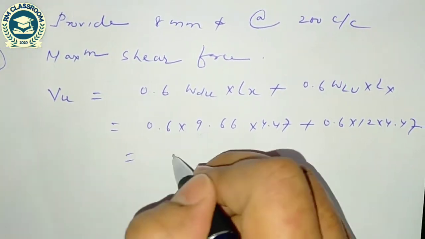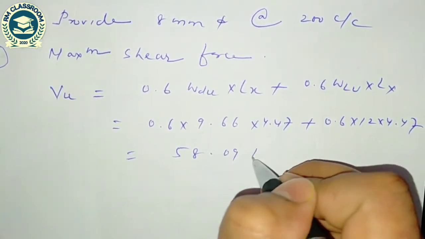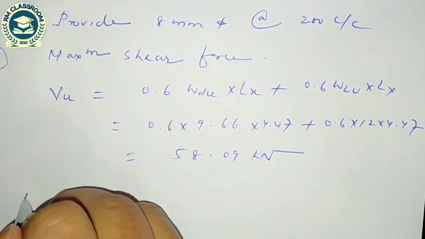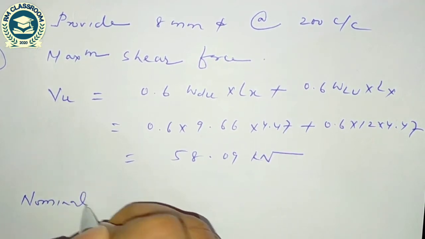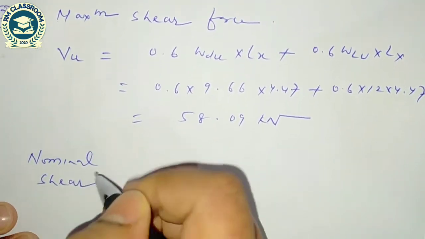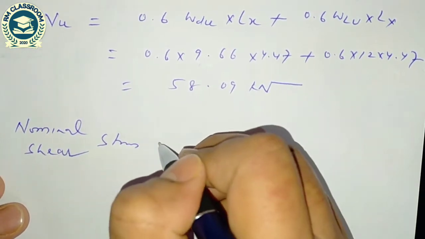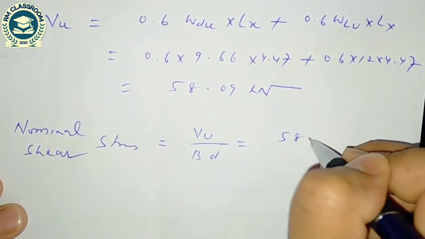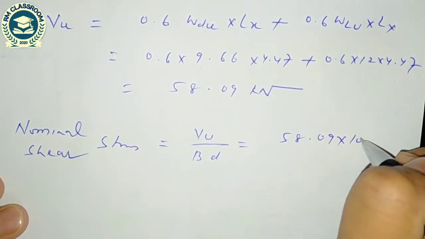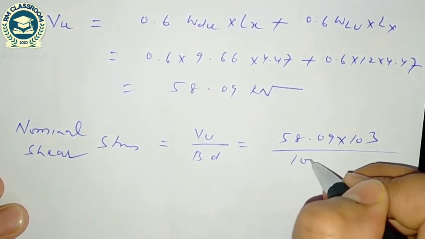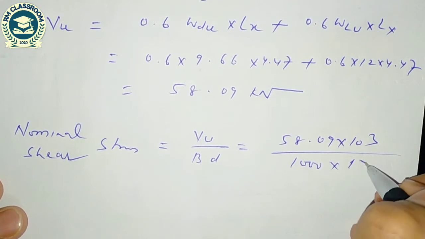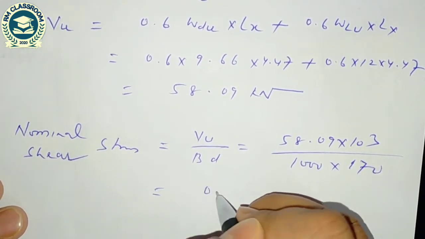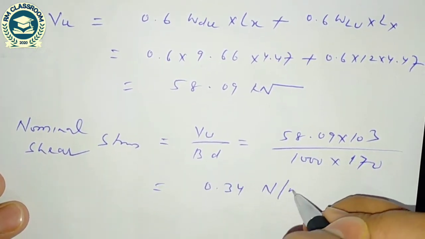So it is coming 58.09 kilonewton. So nominal shear stress is equal to Vu by B into D. So 58.09 into 10 to the power 3 divided by B is 1000 into D. D is 170. So it is coming 0.34 Newton per mm square.